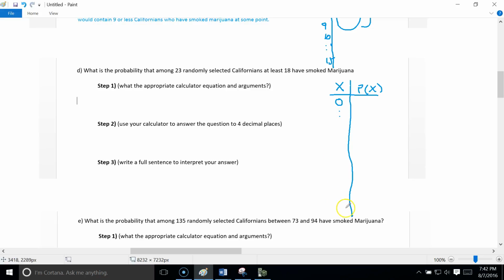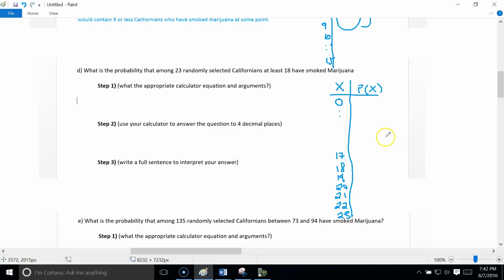And way down here, we'd have the values 23, and 22, and 21, and 20, and 19, and 18, and 17, and so on and so forth.